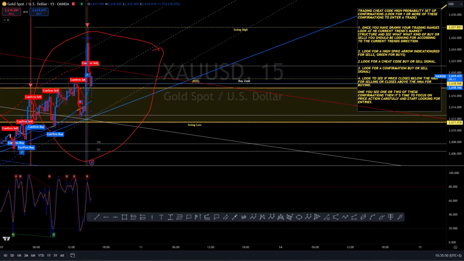It's pushing up. I'll go ahead and take a buy. We'll see if we do good on this one. Look, it's pushing up. We'll see how we do, guys.